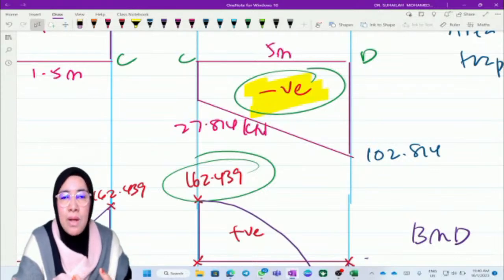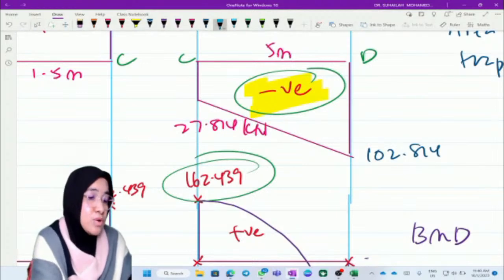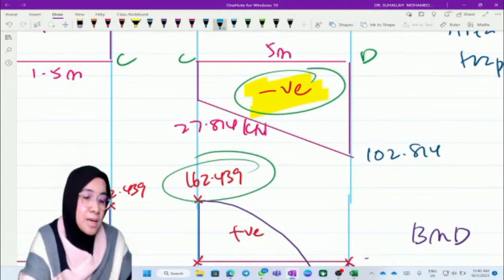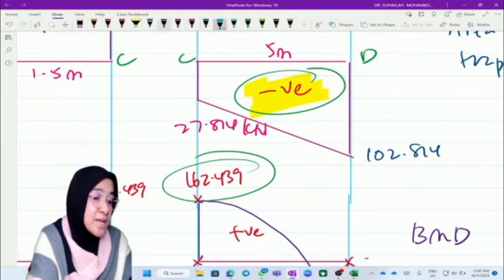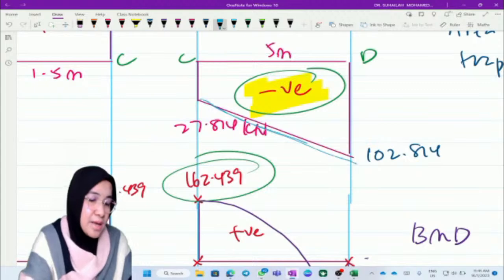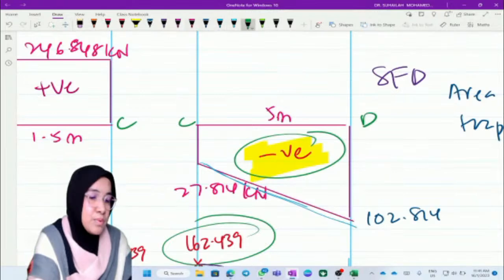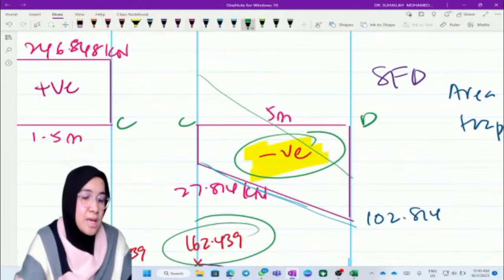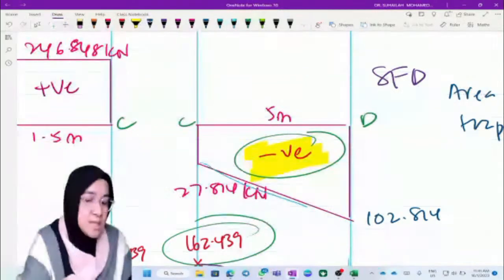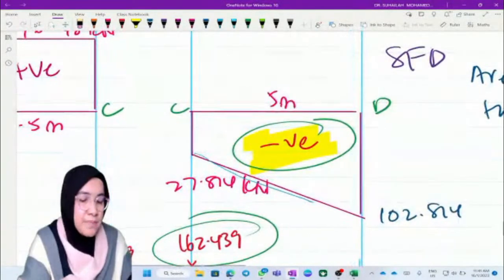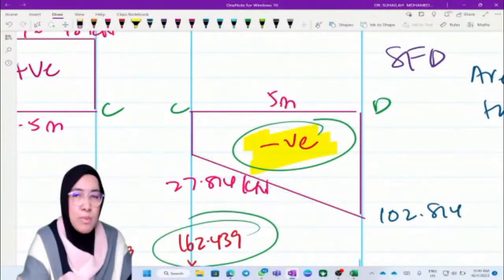Like what I explained previously, in the example where we have maximum moment, the inclined line has an intersection, and this intersection means the bending moment diagram has maximum moment.